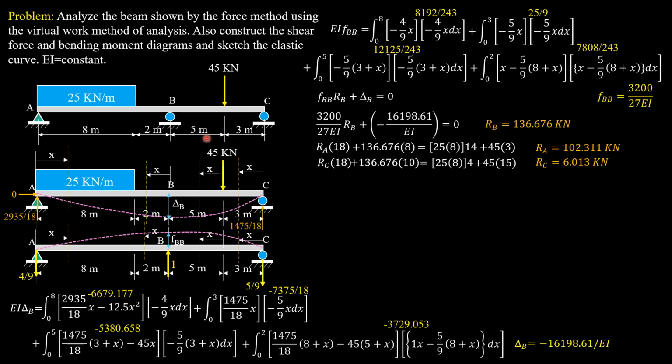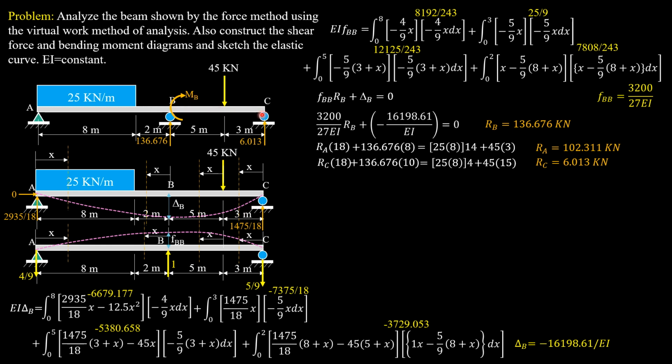Then if you want to compute the moment at B, which will be verified later by sketching the shear and moment diagrams. Considering BC, let's assume moment at B to be positive, but by experience it is negative. For positive, it is clockwise. Considering BC, this is 6.013, 136.676, and that's the positive sense of MB.